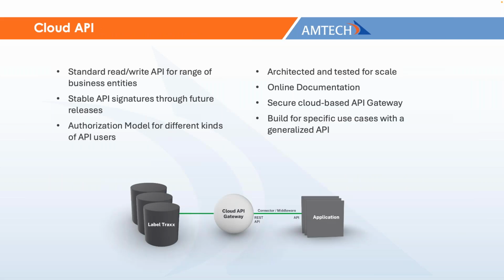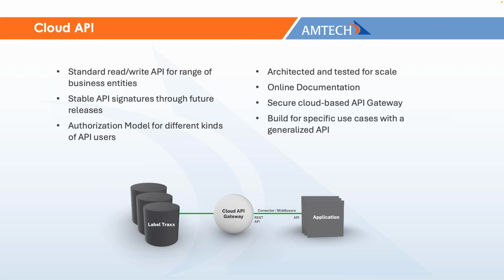So the cloud API, just to say a little bit about how it works, is that it is a gateway. There's a single gateway that you connect to. We support different authorization models, including something like basic auth and more sophisticated connections with federated identity systems.